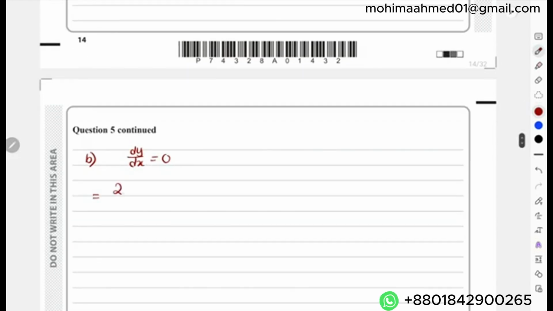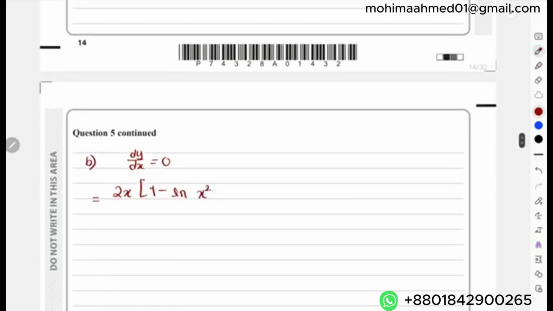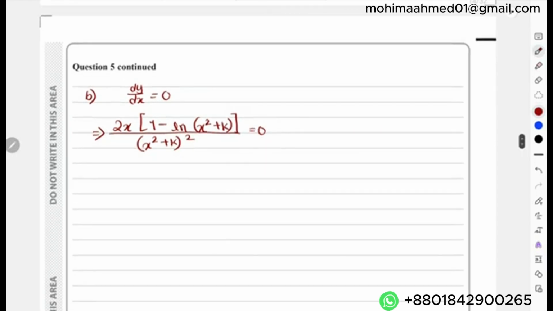So the fraction that we got was 2x(1 minus ln(x² + k)) divided by (x² + k) whole squared, equals 0. If you take that denominator to the right-hand side, that will also become 0.